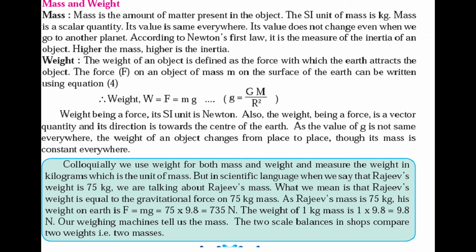As Rajiv's mass is 75 kilos, his weight on Earth, W = F = m times g, and putting the values together, it is 735 newtons. The weight of 1 kilogram mass is 1 times 9.8, which is 9.8 Newton.